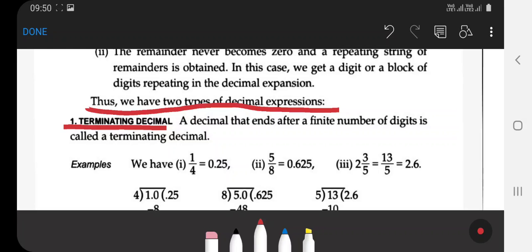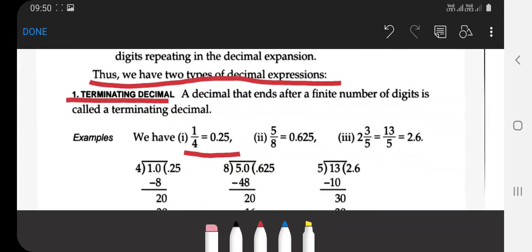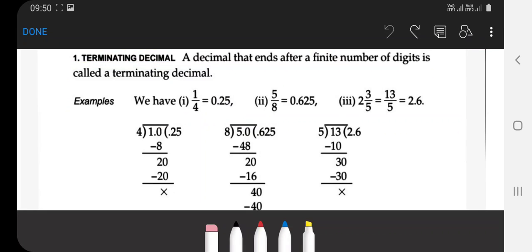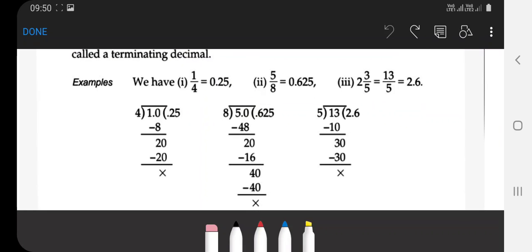Here given 1 by 4, the finite number. 1 divided by 4: 4 twos are 8, remainder 2, 4 fives are 20, remainder 0. So your answer is 0.25.